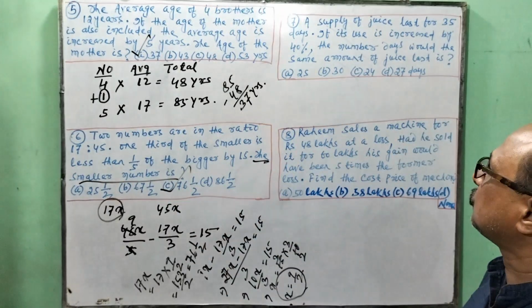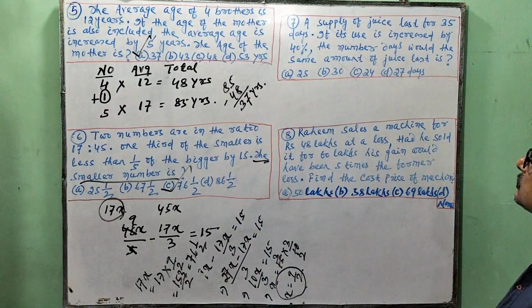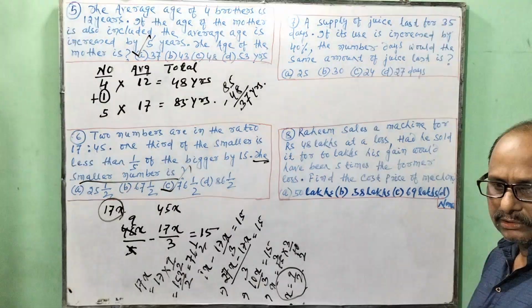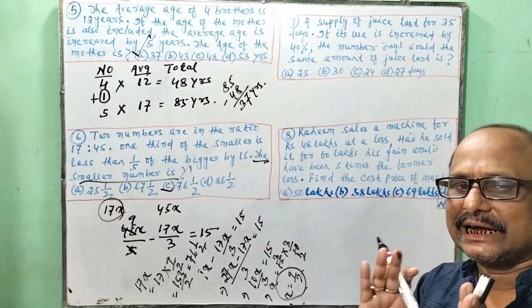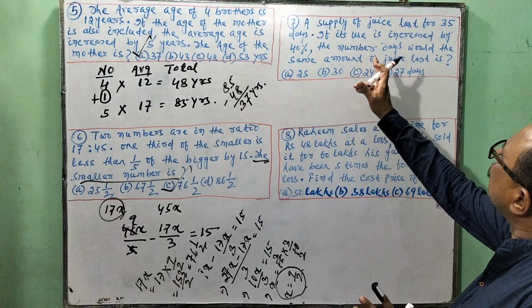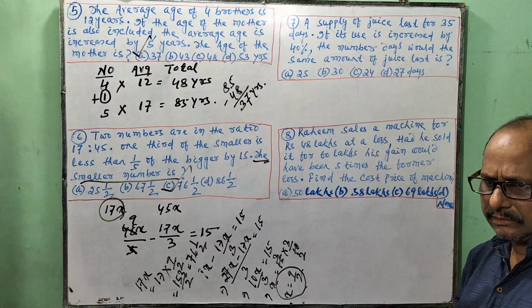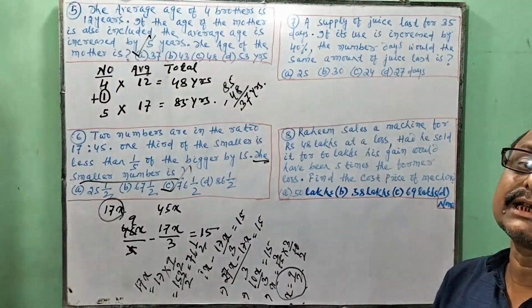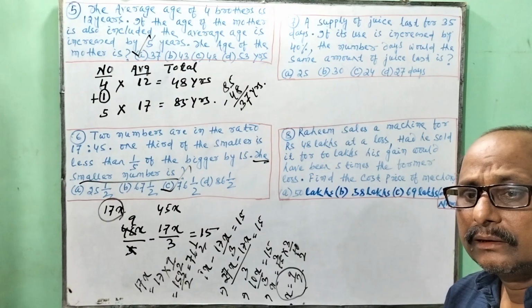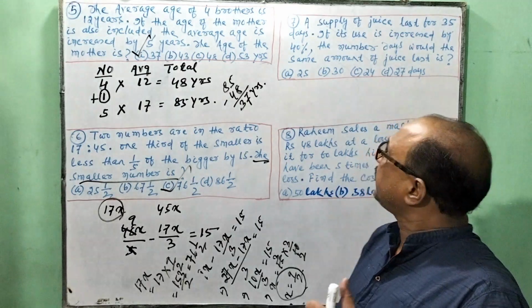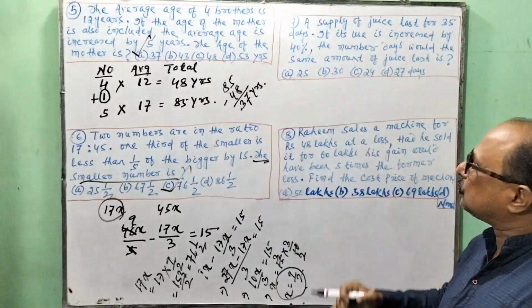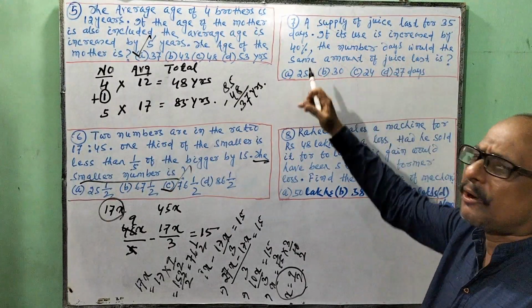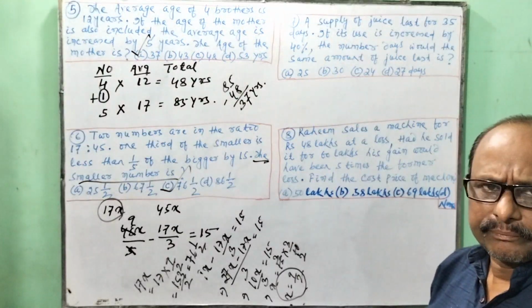Next comes question number 7. A supply of juice for a house lasts for 35 days. If its use is increased by 40%, suppose 100 liters is the supply of juice. Then today's use increased by 40% means 140.